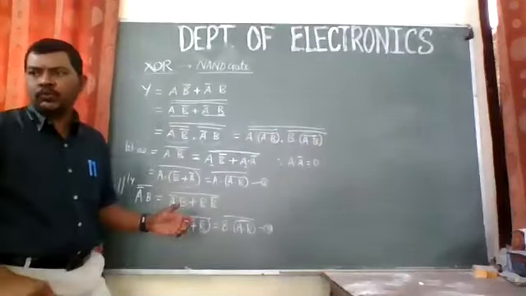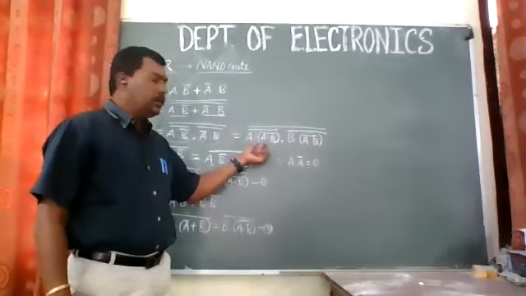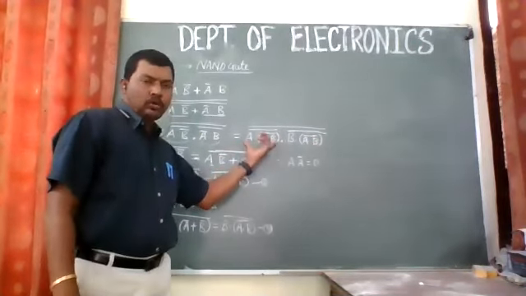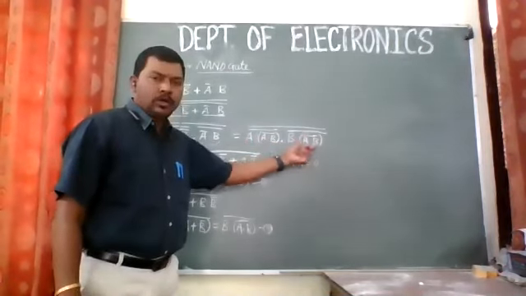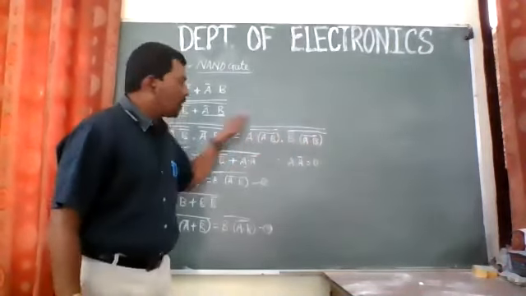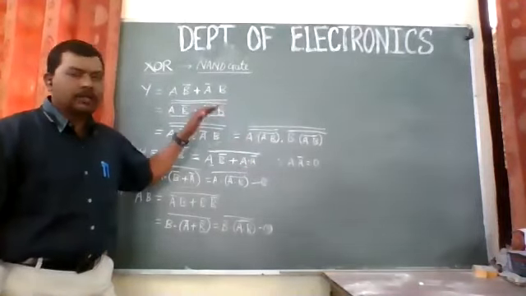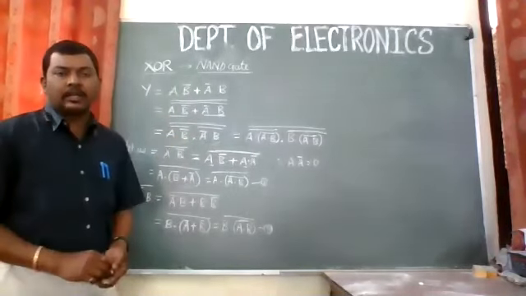So I guess this is the equation that we got: A dot (A dot B) complement whole complement dot B dot (A dot B) complement of whole complement, with a whole complement of the equation. This is the equation that we have got of the XOR gate in the form of NAND gates.